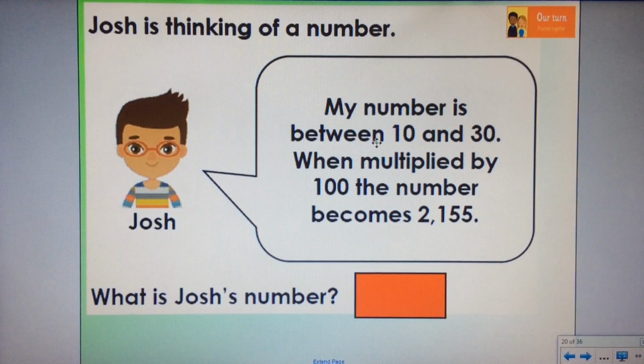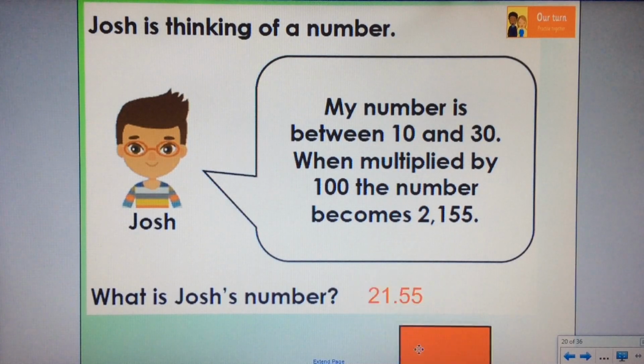So have a go at doing that. 2155 divided by 100. So move the digits 2 places to the right. We can see that the number he started with was 21.55, which fits between 10 and 30. Okay, well done if you spotted that one.